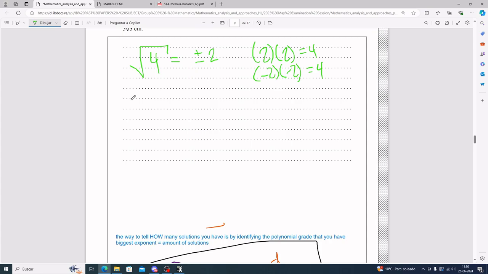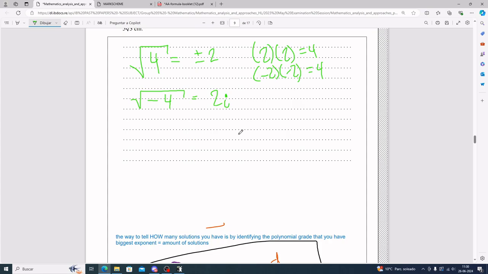But if I ask you to solve square root of -4, suddenly you can't answer 2, because 2 times 2 gives +4, and -2 times -2 gives +4 again. There is no way to end up with a negative, because you either multiply two positives or two negatives. And so the way to solve this would actually be i. That is why the i exists in the first place.